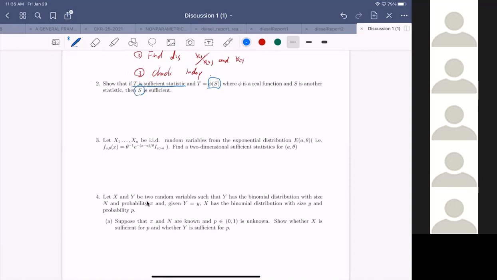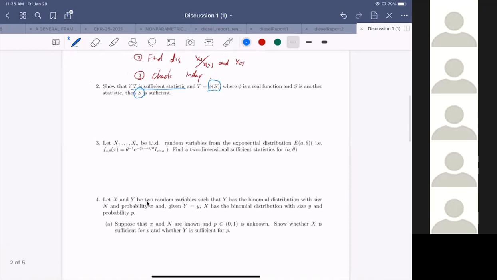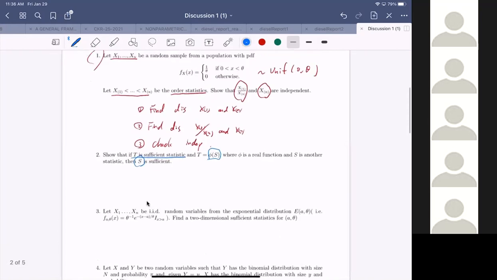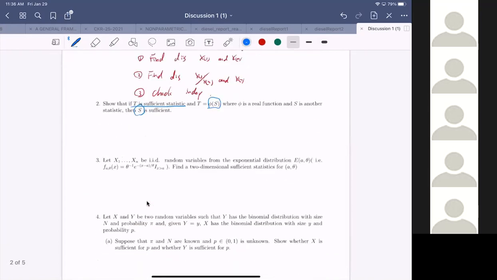You can use the definition, or you can also use the factorization theorem.